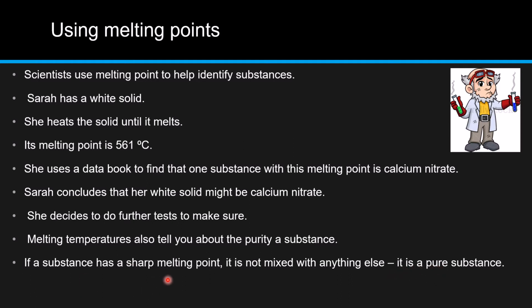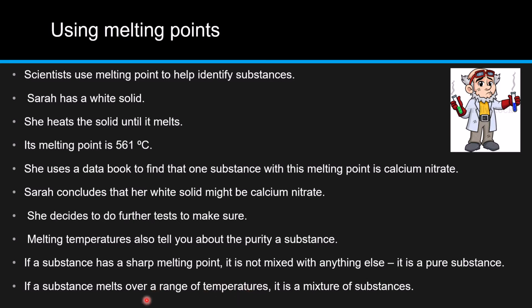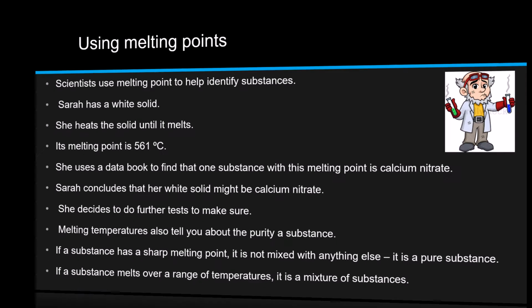For example, water's melting point is 0 degrees Celsius, and if water melts at 0 degrees Celsius, then it's a pure substance. But if it melts at -12 or maybe 12, then there are chemicals inside the water, and we should not drink it because that's harmful for our body.